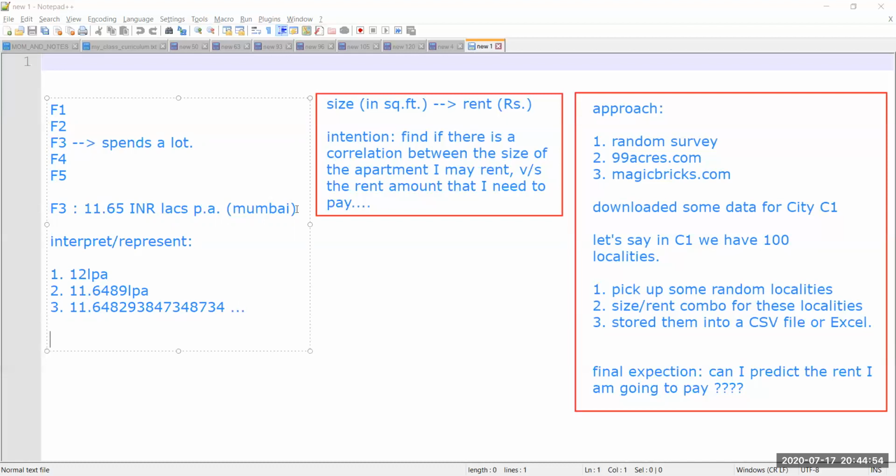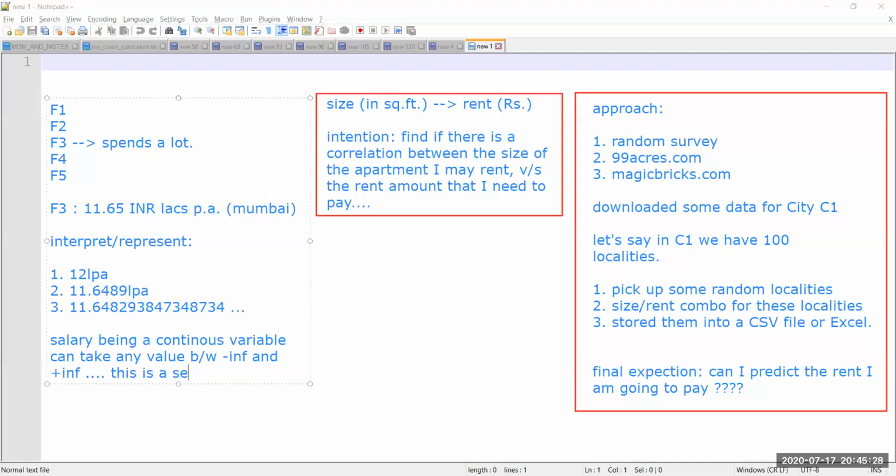The problem here is I can have any value. Why? Because his salary is a continuous variable. It is continuous data, and it can take any value. So salary, being a continuous variable, can take any value between minus infinity and plus infinity.